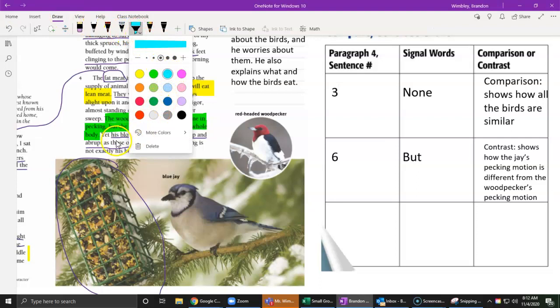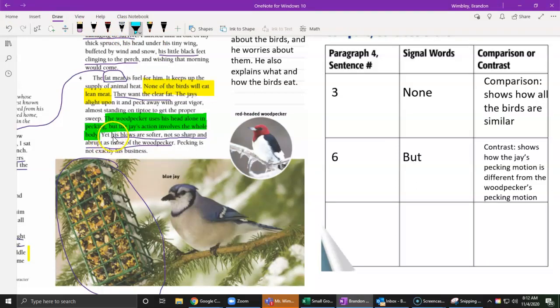as well. It says, his blows are softer, not so sharp and abrupt as those of the woodpecker. So it's telling me again, his is different, but it's not just because of his head, it's because of his energy or his force that he's using. So what do I have for my signal words? Wouldn't there let me know that it's the same or different?